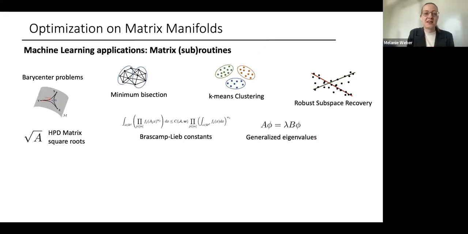Let me first start with some motivation. Where do we encounter optimization over matrices? In this case, we will be particularly viewing these problems as optimization on matrix manifolds. In machine learning applications, we encounter matrix-valued problems either as standalone algorithms, so many machine learning algorithms can be formulated as a matrix-valued optimization routine, or sometimes machine learning algorithms have a subroutine that can be phrased as a matrix-valued problem.